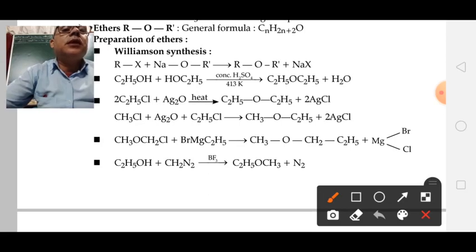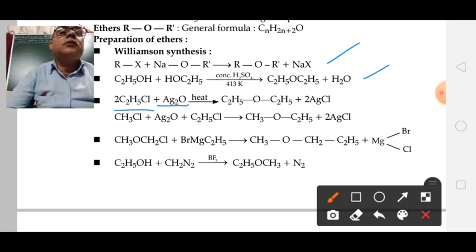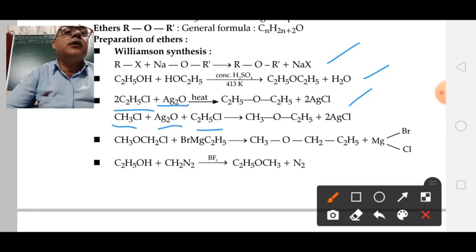First, alkyl halide and sodium ethoxide give ether; ethanol with concentrated H2SO4 at 413 Kelvin temperature gives ether. When Ag2O reacts with ethyl chloride, it gives ether. When Ag2O reacts with ethyl chloride and methyl chloride, it gives methoxyethane.